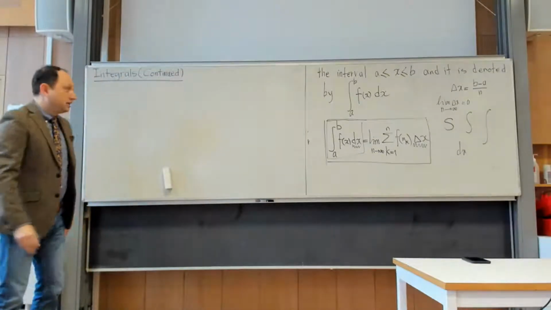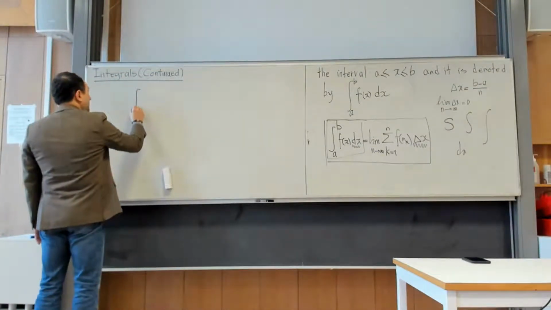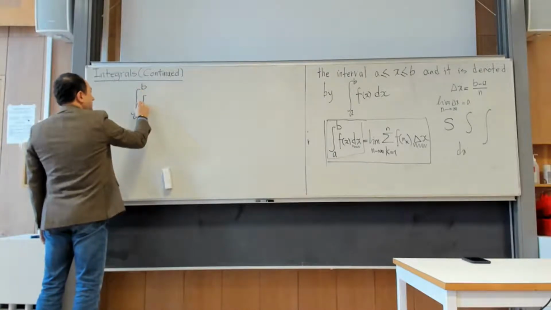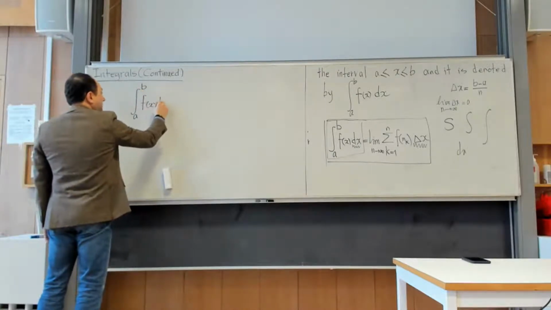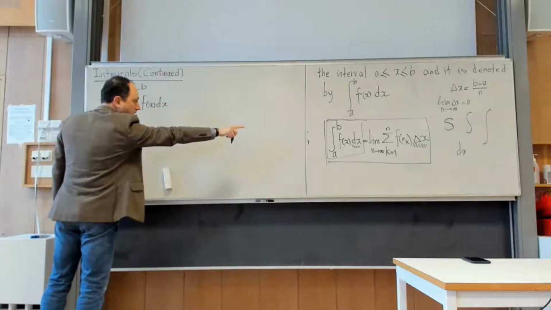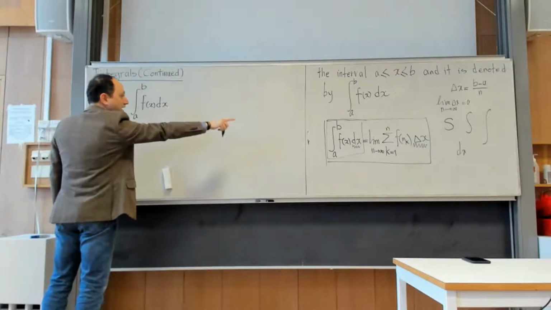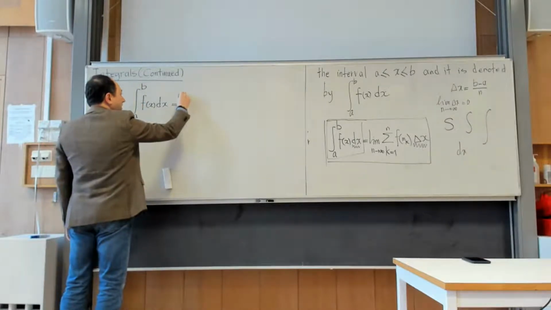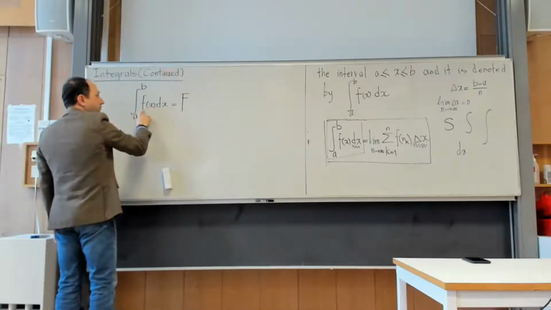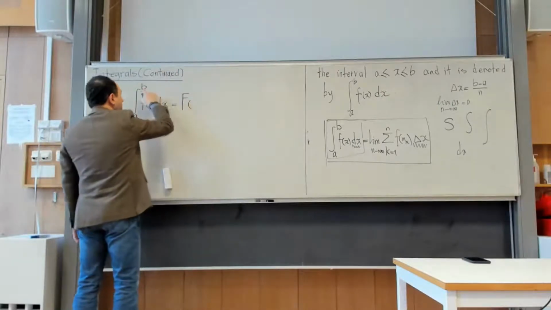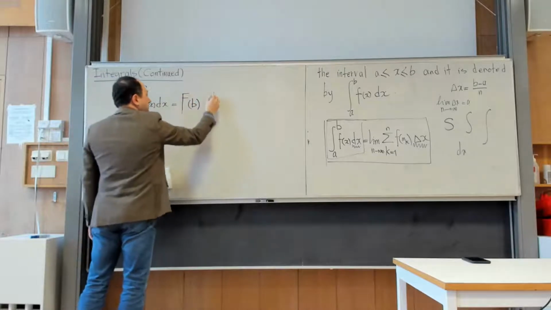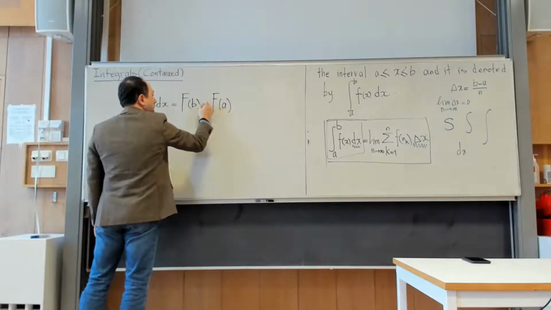He realized that even though this integral is that sum, you don't need to calculate it using the sum. You can use this technique. You can calculate a primitive function for your function, and then put the upper limit here, and then put the lower limit here, and then simply subtract them.